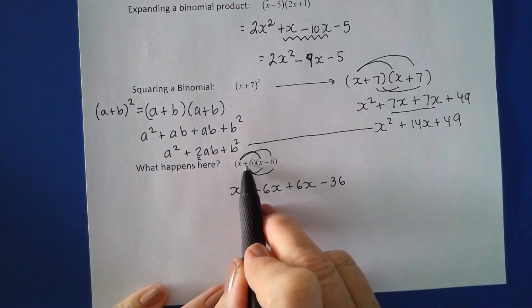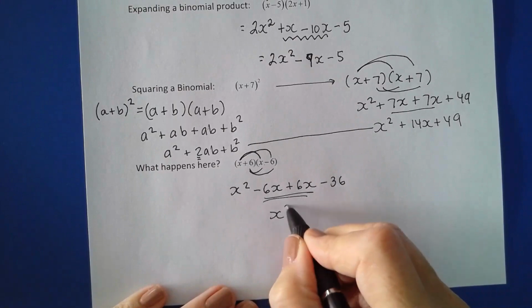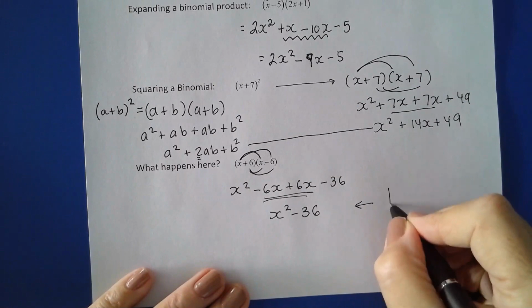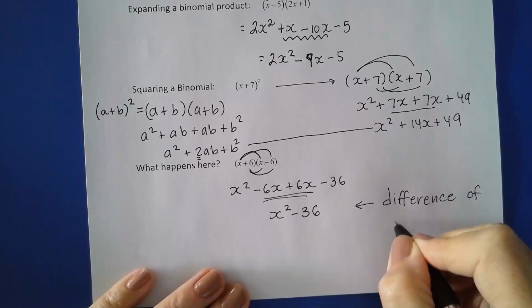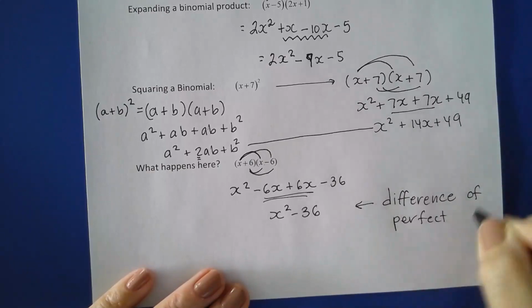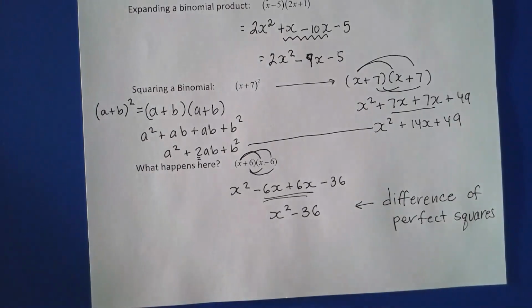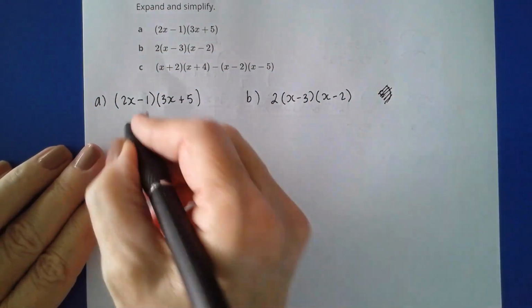So when these are exact opposites, these signs, this just goes to 0, and I get x squared minus 36. So x squared is a perfect square, and 36 is 6 squared, so it's a perfect square, and so we call this the difference of two perfect squares. Okay, everybody's trying these by themselves.